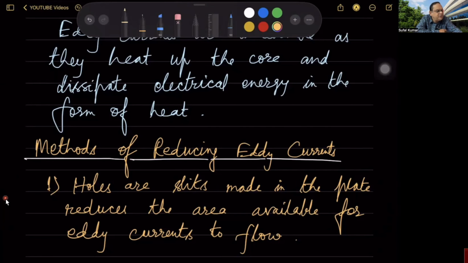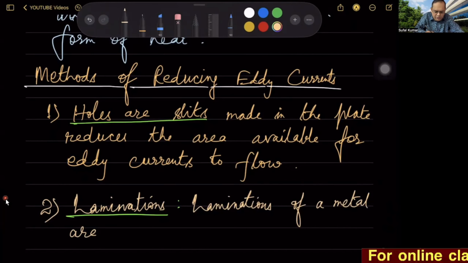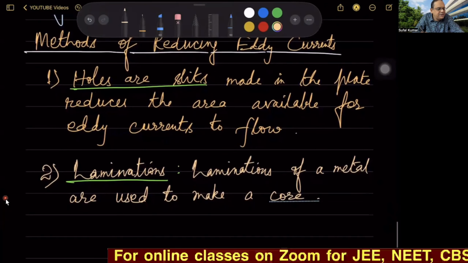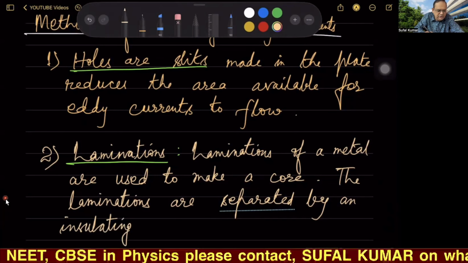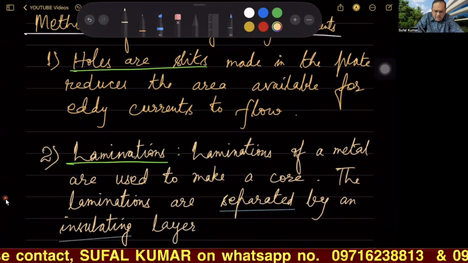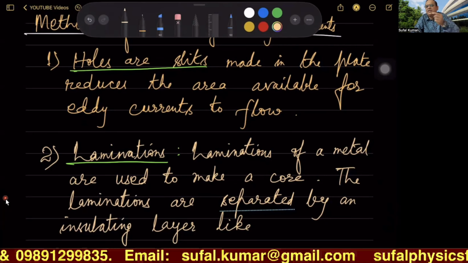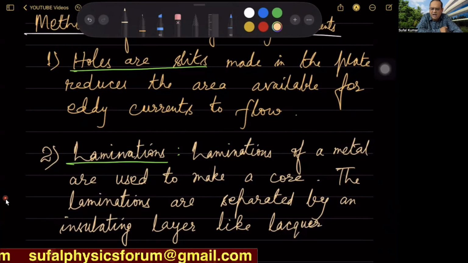Number two, laminations of a metal are used to make a core. The laminations are separated by an insulating layer like lacquer. Lacquer is a varnish or paint type thing which obstructs induction.